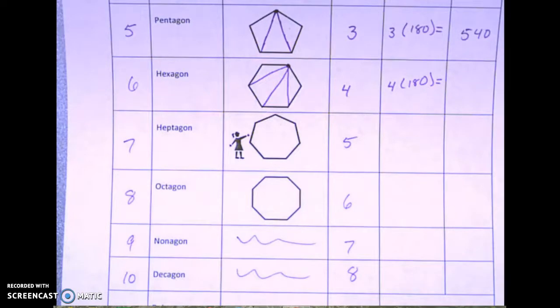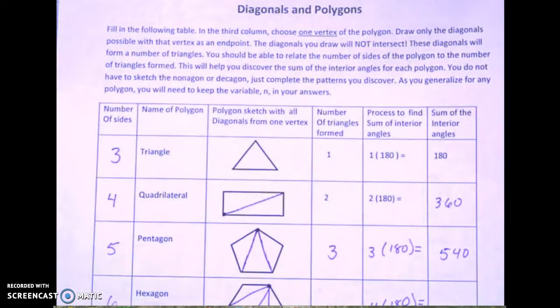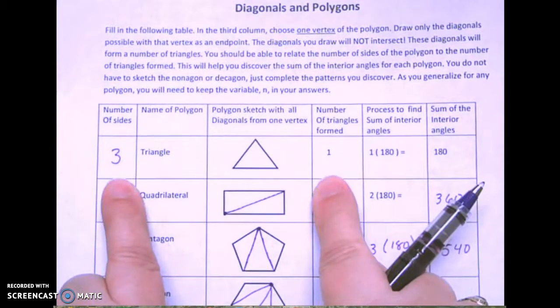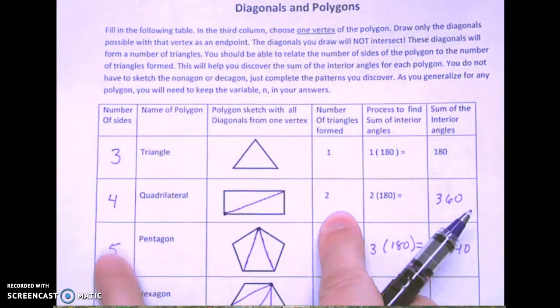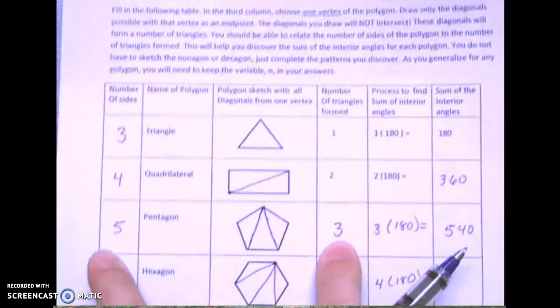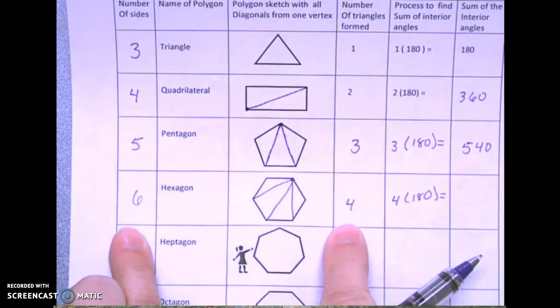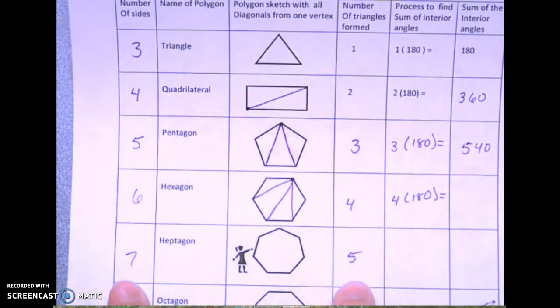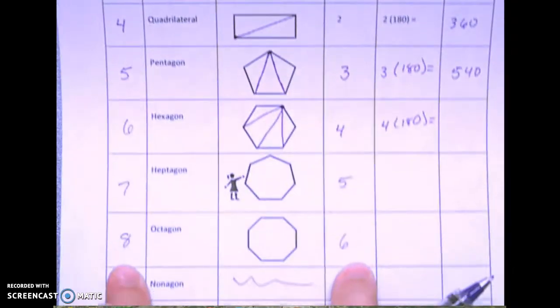When we're looking at the number of sides and the number of triangles formed, we want to relate those 2 values. So I'm taking a look at the values that we should have calculated. If I had 3 sides, it formed 1 triangle. 4 sides formed 2 triangles. 5 sides formed 3 triangles. 6 sides formed 4 triangles. 7 sides formed 5 triangles. 8 sides formed 6 triangles.